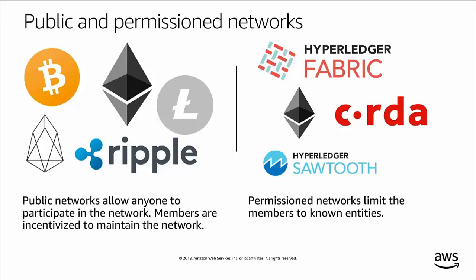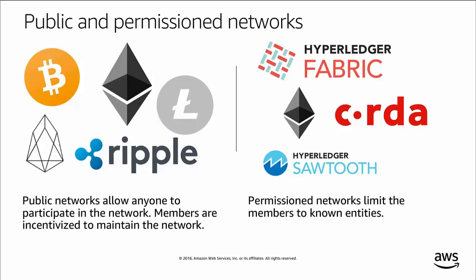On the right, you'll see a somewhat different set of logos, and these are some frameworks that are meant more for permissioned networks, where all of the members are trying to transact and share data. A lot of these are enterprise use cases where you've got consortiums of banks or different entities on a supply chain.